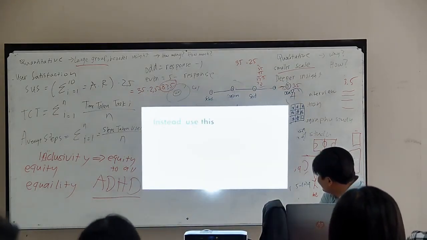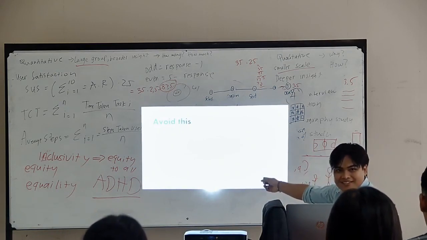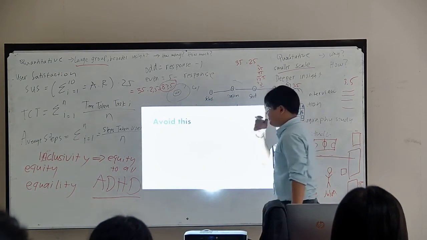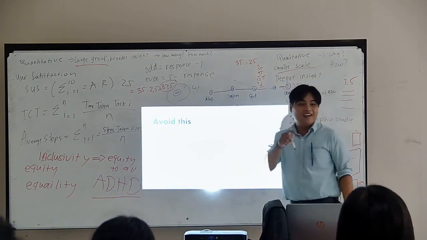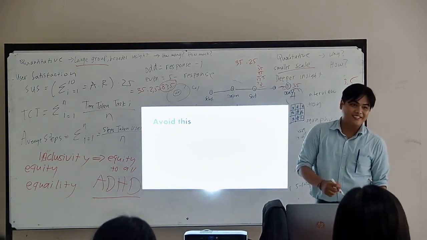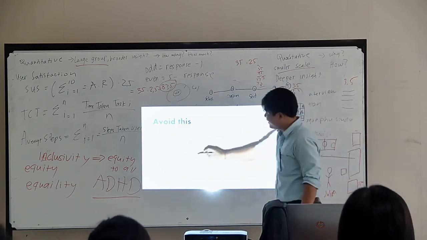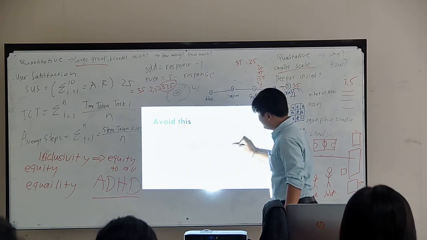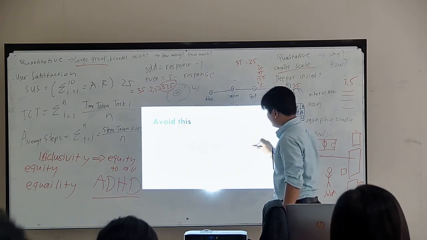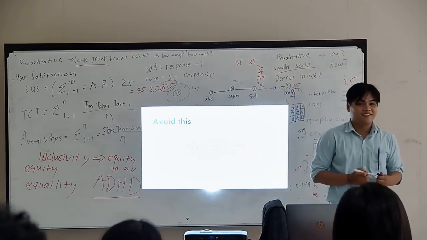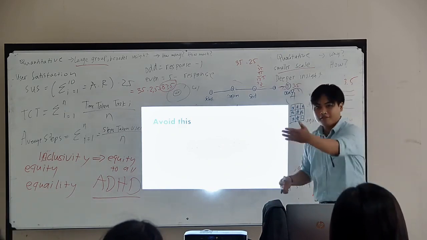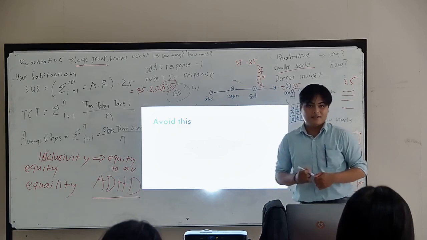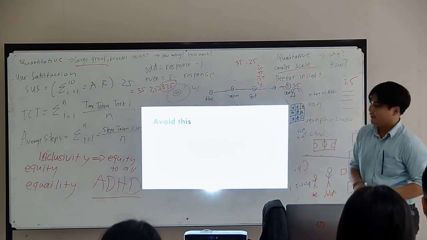And this one, avoid this. Let's say you want to put a Windows product key. You know, a Windows product key consists of X, Y, Z. If you have the document like this, right?